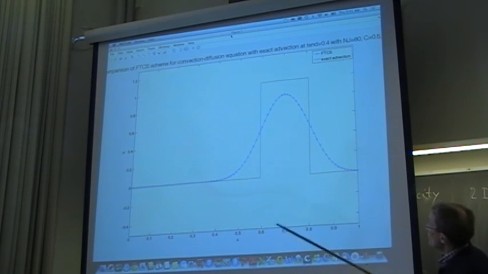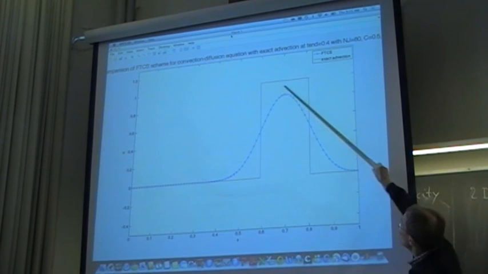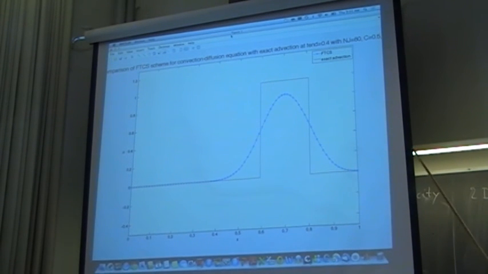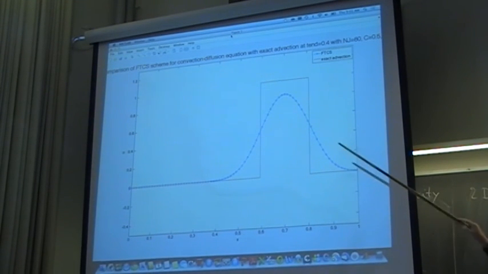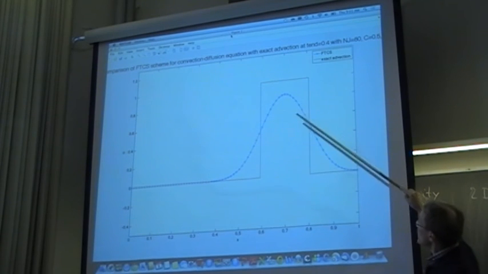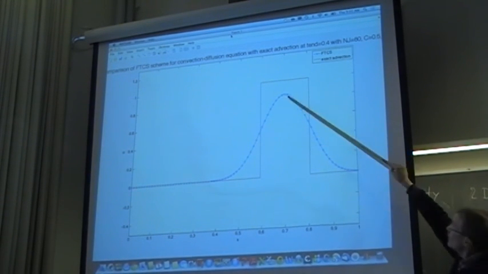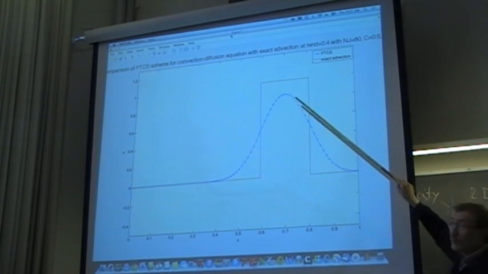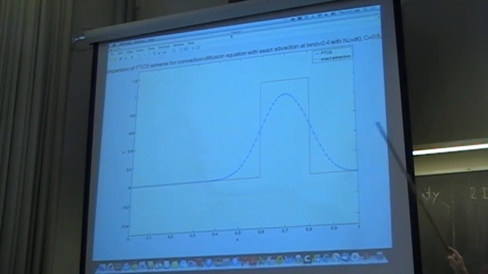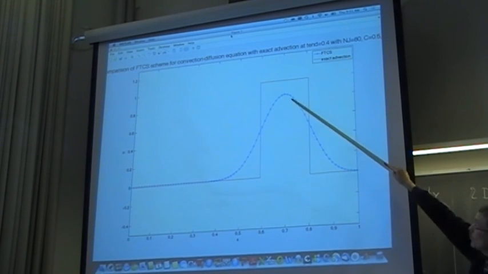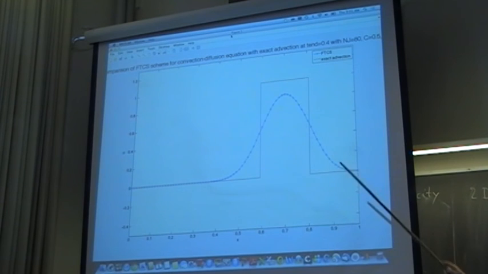So you see what is happening. This is the exact solution of the linear advection equation. The diffusion has the effect that this discontinuity is smoothed. You see it here, and the largest value is diminishing. If we would continue with that for quite a while, then this maximum would go down to 0.